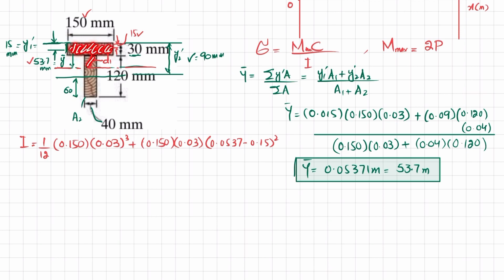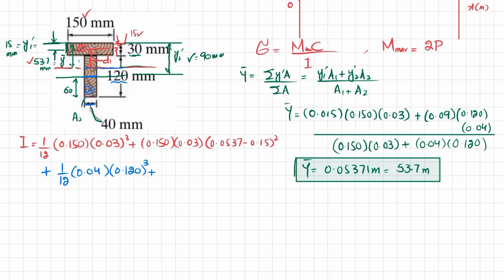Now we will calculate the moment of inertia of this portion, which is represented by 2. Plus 1/12, its breadth is 40 millimeter, which is 0.04, and height is 120 millimeter, so 0.120 whole cube, plus A D square, because you can see this center is this one and this is the neutral axis.